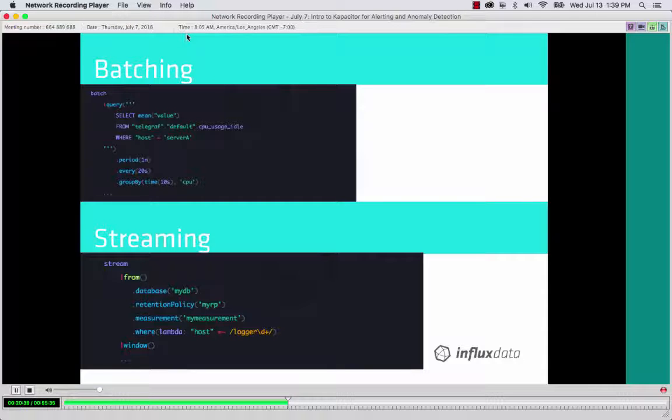It's doing it from the database MyDB, the retention policy MyRP, the measurement MyMeasurement, and then we have this where condition, which is matching the host tag against some regular expression. And finally, we emit a window. So what this is doing is we accept a stream, and then we're windowing the data maybe in 5-minute batches or something like that. So this is just a quick intro to the syntax, and we'll talk more about each of these things as we go along.